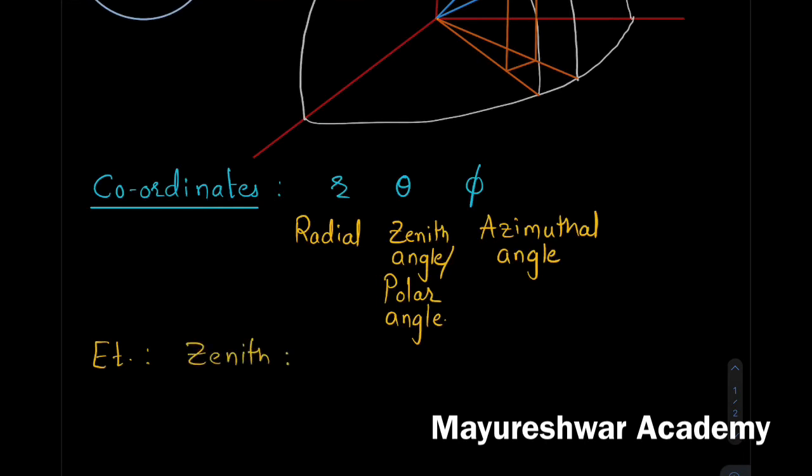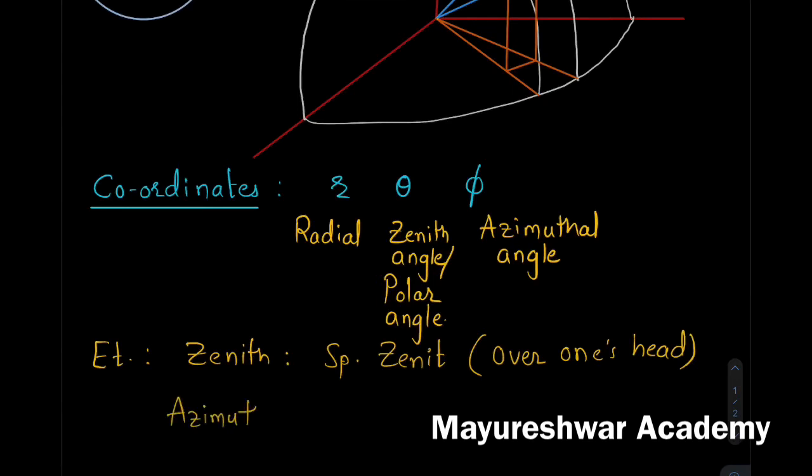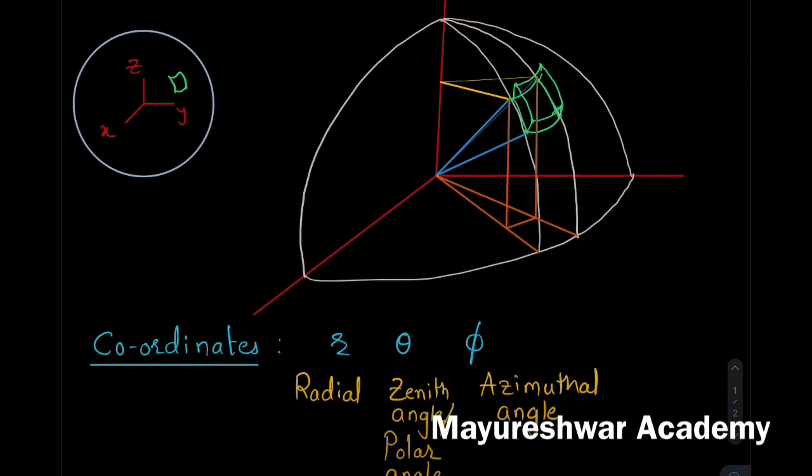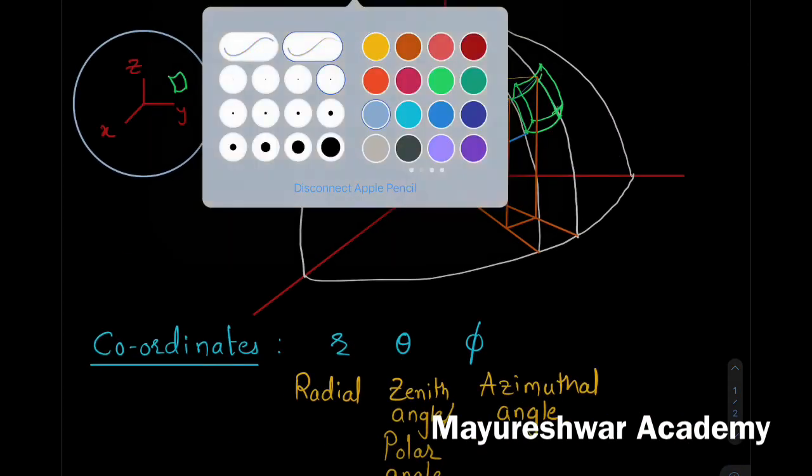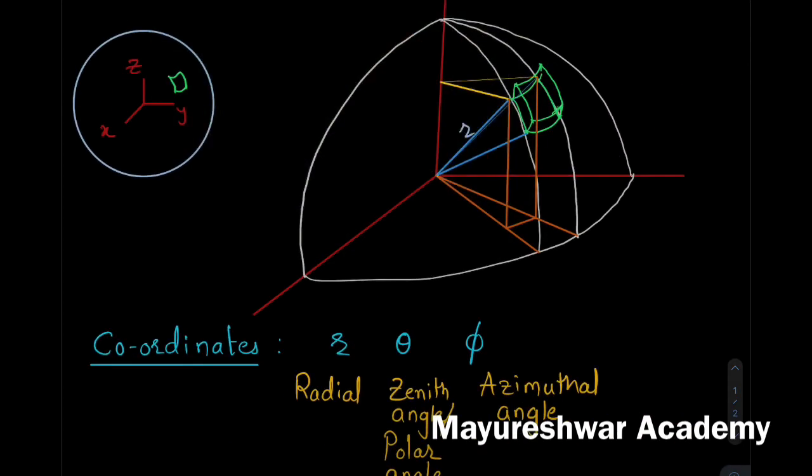The word zenith has Spanish origin and means over one's head, and azimuth is basically the Arabic word al-sumit, which means the way or direction. So all our overhead angles are going to be zenith angles.